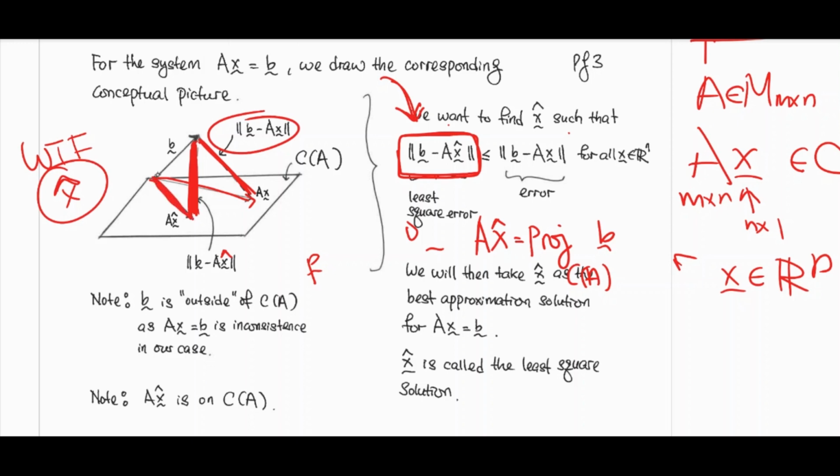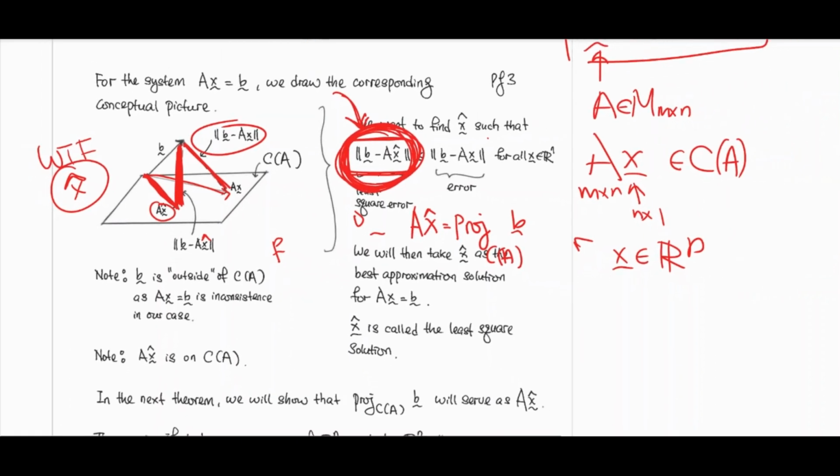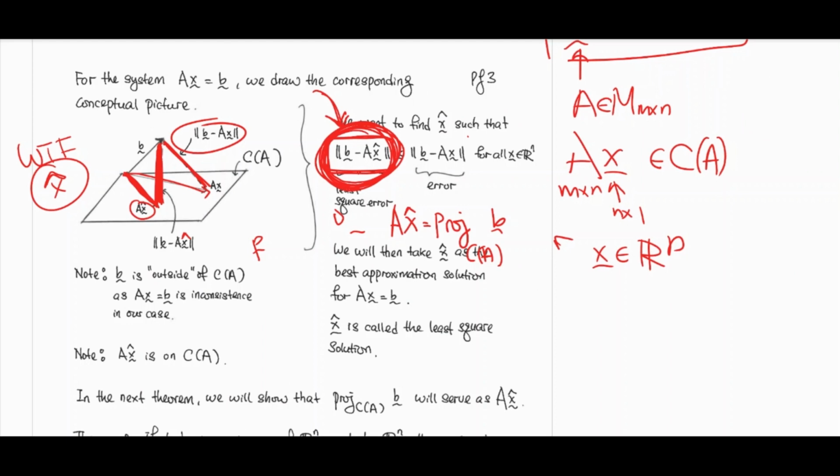So you cannot solve ax equal to b, but you can solve for the x hat, which is in this picture. Why do we solve for the x hat in the picture? Because b minus ax hat here will give us the smallest possible error. So that's the very important conceptual picture. And as you can see, it involves our column space and it involves our projections, our projection vectors.